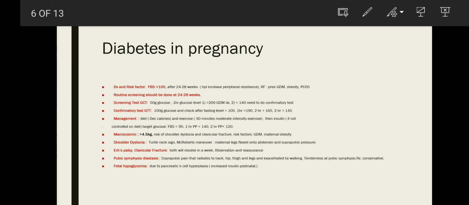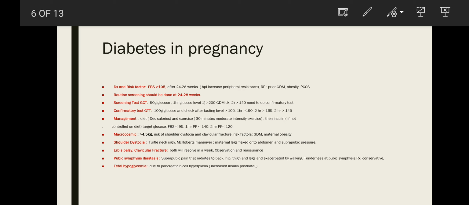If the fasting glucose is greater than 105, then this is diagnostic for gestational diabetes. If 1 hour is greater than 190, 2 hours greater than 165, and 3 hours greater than 145. If two of these four criteria are fulfilled, then it is a diagnosis of gestational diabetes.